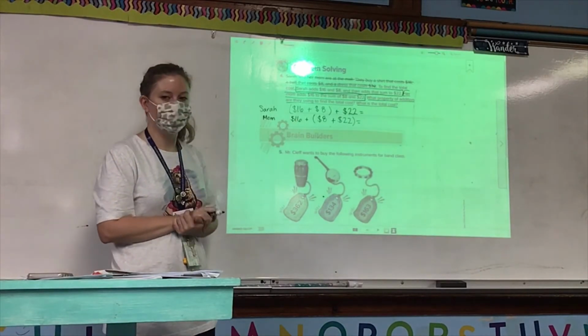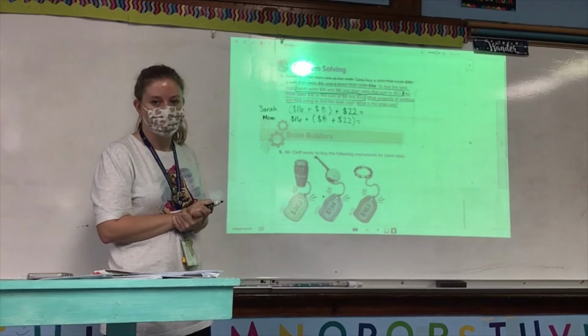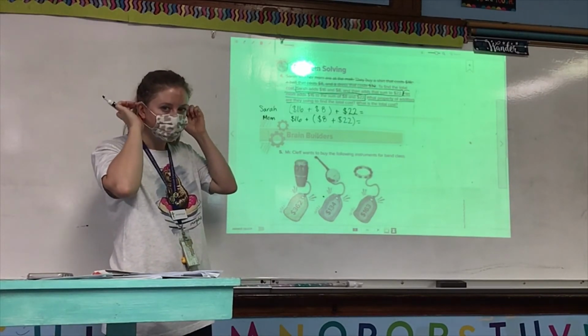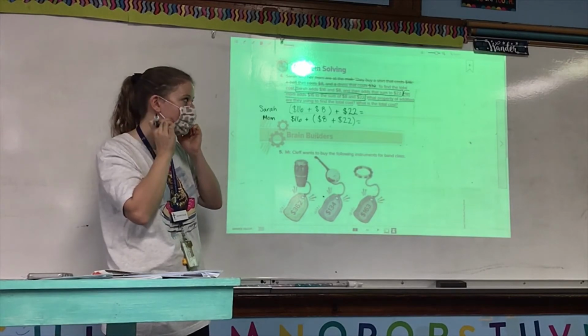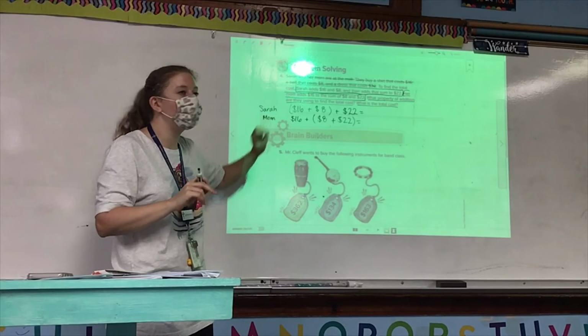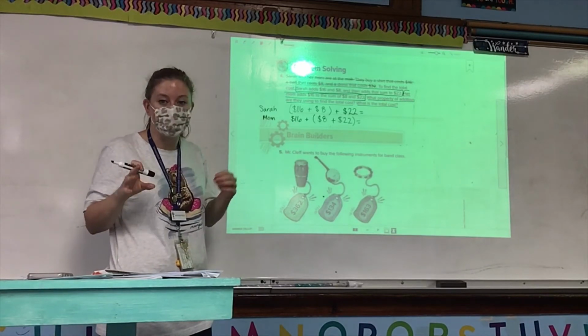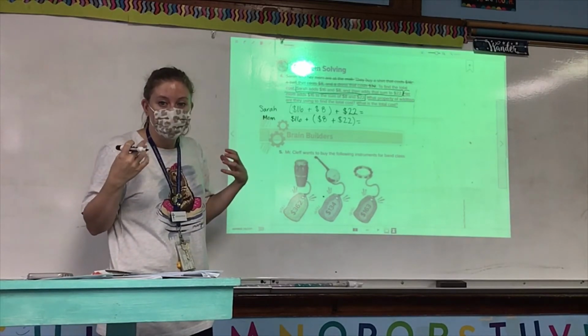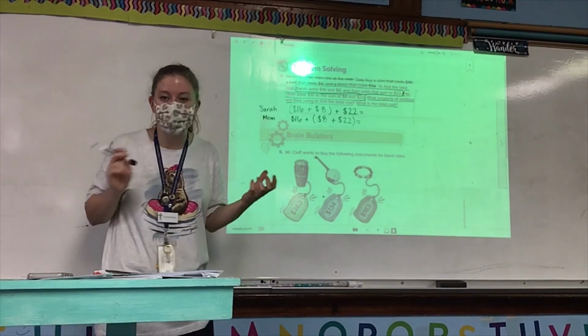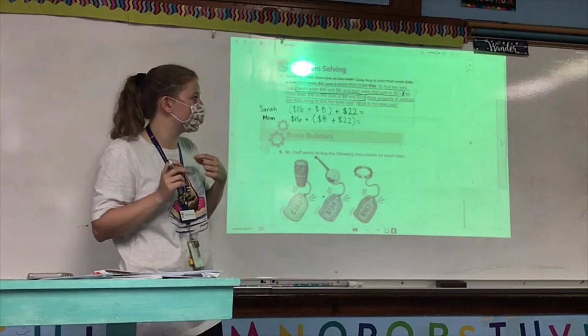What tells you that it's the associative property? What do we see here? The two parentheses. So when we have parentheses, we're showing what? We're showing groups. When we have parentheses, we are grouping addends.